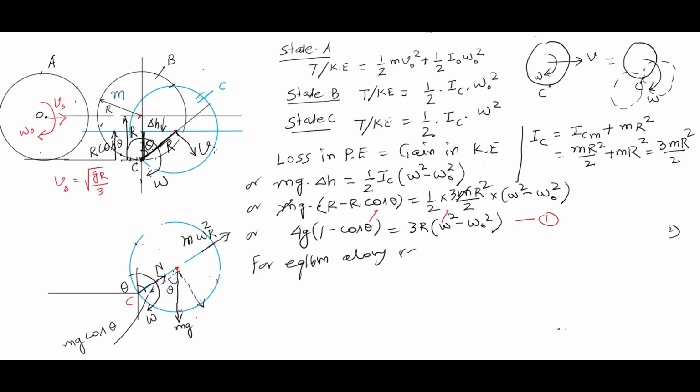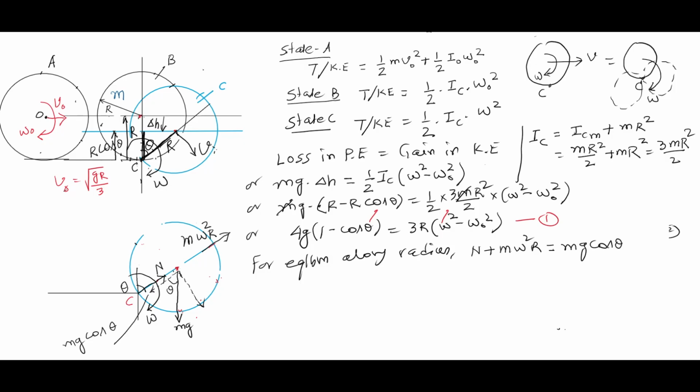So for equilibrium along the radius, N plus m omega square r equals mg cos theta.